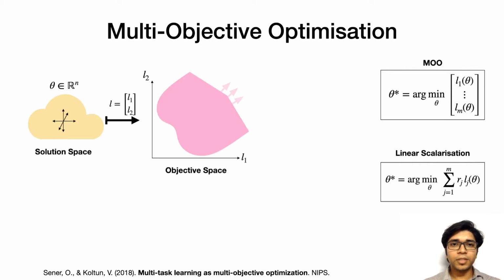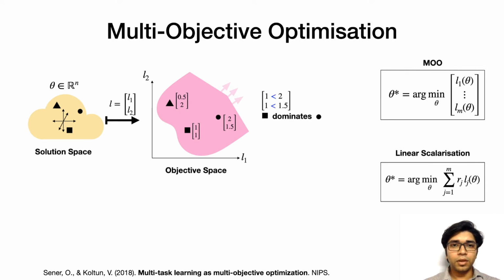Here I'll briefly explain some concepts of MOO through a simple illustration with two objectives, L1 and L2. The parameter theta belongs to a high dimensional solution space, and let's say the vector valued objective function maps to this pink region in the 2D objective space. Now let's pick three random points in R^n which maps to these values in the objective space.